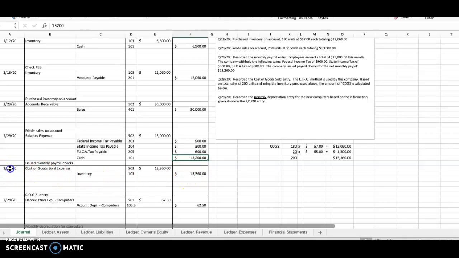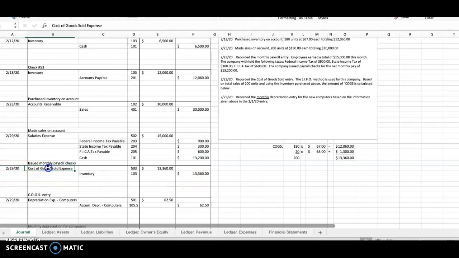The second one is also on the 29th, the last day. We have to record the cost of goods sold entry. And this company, if we look over here on the right, uses LIFO, last in, first out method of evaluating inventory.